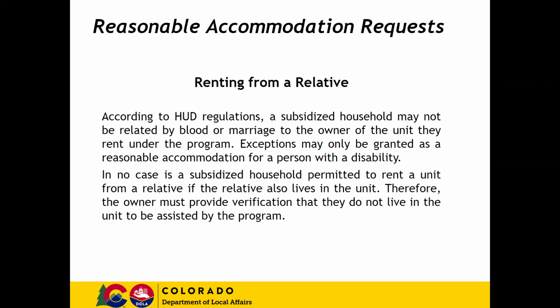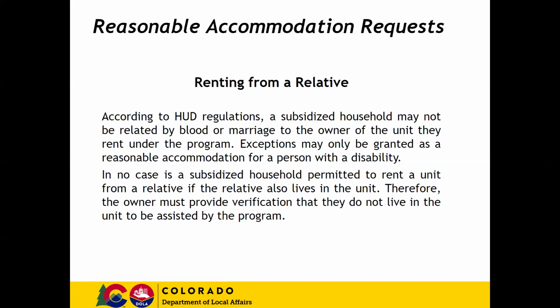In no case, however, when renting from a relative, is a subsidized household permitted to rent a unit from a relative if the relative also lives in the unit. I'm talking about the owner of the unit. So if the owner of the unit is related to our participant and that owner lives in the unit, there's no exception or no way we can accommodate that request.